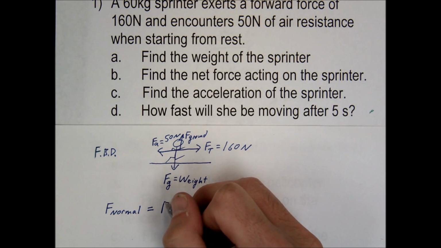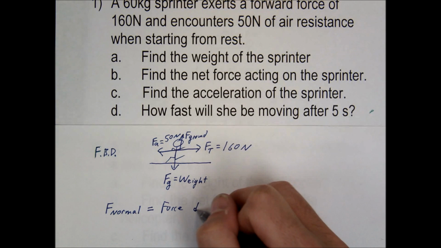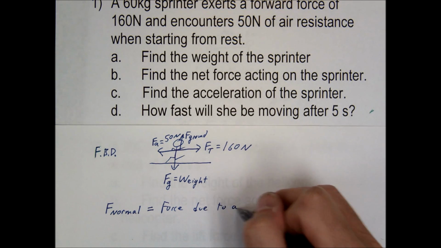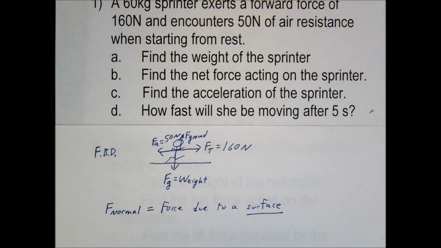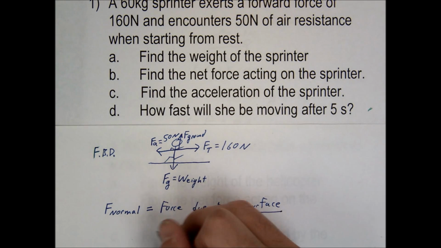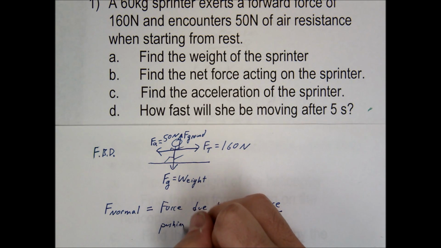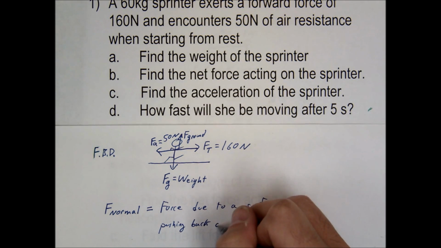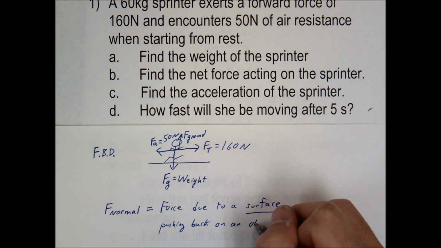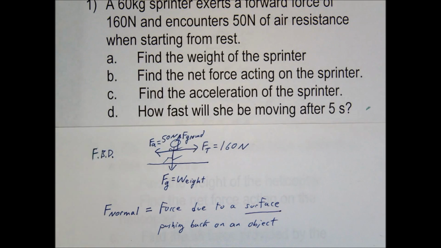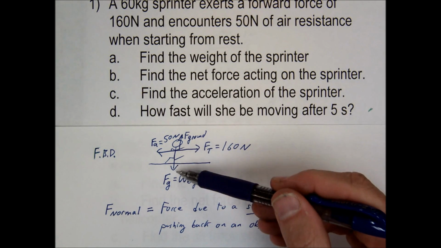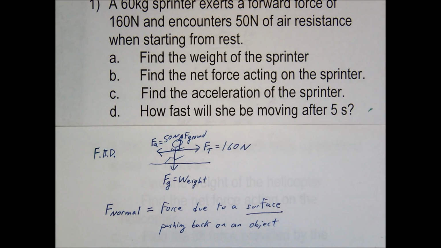This is a force due to a surface pushing back on an object. It's really kind of a reaction force, like in Newton's third law. There has to be another force before the surface can push back on something. In this case, gravity's pushing down and the ground's going to push back up.